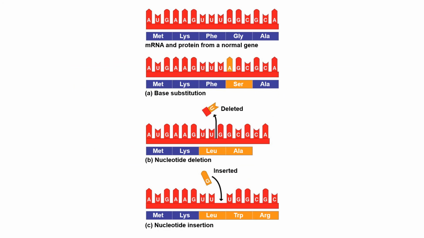This image right here shows you the effect of mutations on our amino acid chain, or basically on our proteins. So the top image right here is showing you the original messenger RNA and the original amino acid chain that would result, and the images below it are showing you the effect of the mutations on the amino acid chain. So as we said, when we read our messenger RNA, we read it 3 letters at a time, our codons.